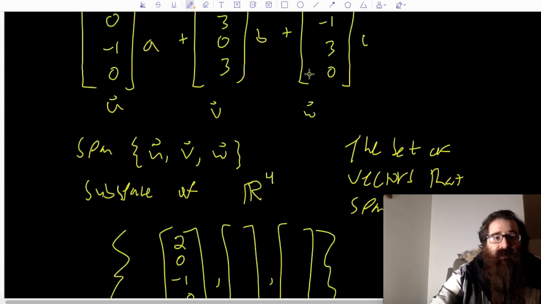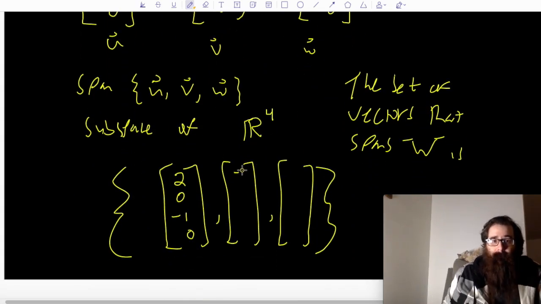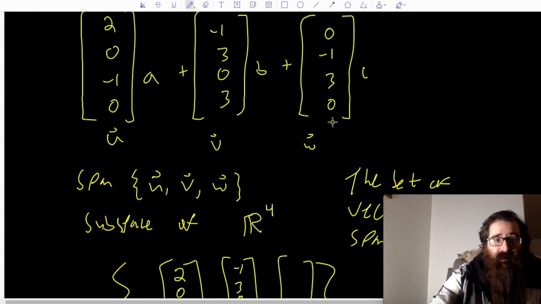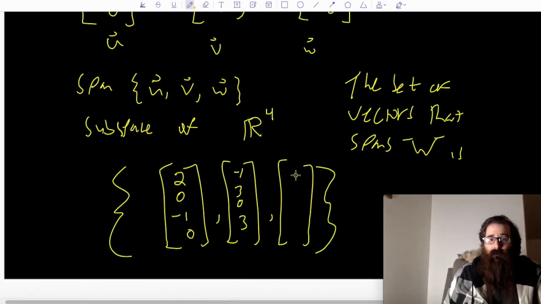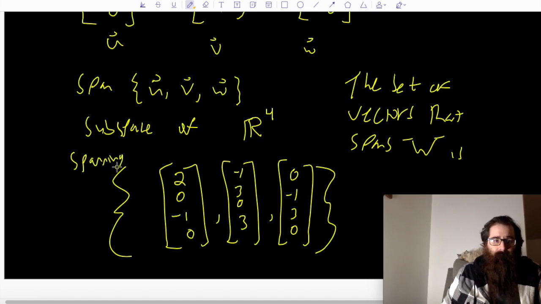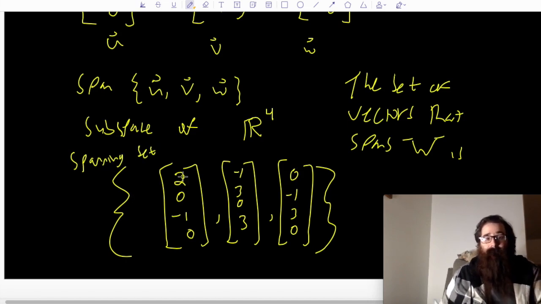Second vector, -1, 3, 0, 3. And the third vector is going to be 0, -1, 3, 0. And this is going to be my spanning set. Let's use that term right now, because we're going to be using it later on in the course as well. I have this spanning set.